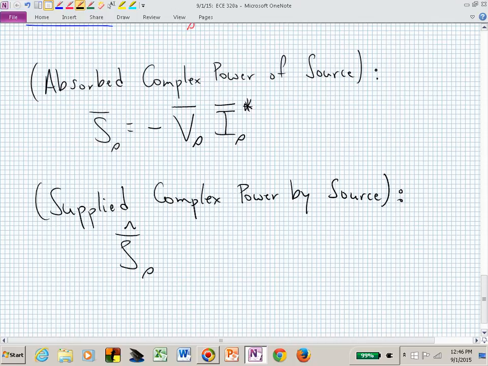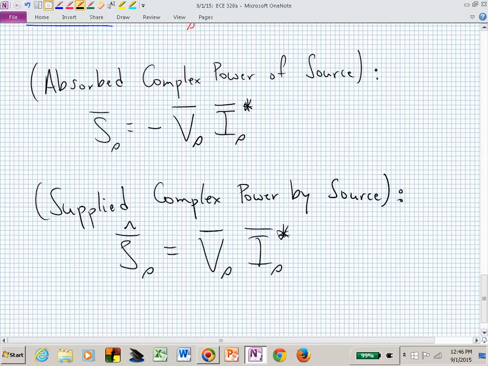It's not the same S bar sub S, because now the one that I'm saying is what is supplied. What's the expression for this in terms of the V and the I that I have in my circuit diagram? Now it's positive, isn't it? This now would be V sub S phasor, I sub S phasor, star. Is it clear the distinction that I'm trying to make?